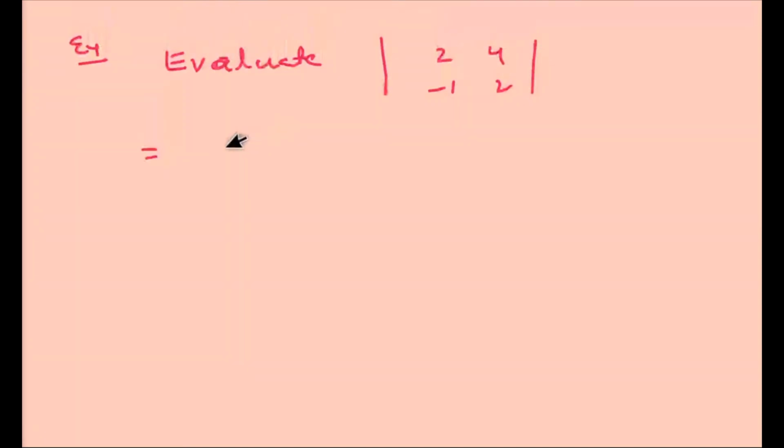So the answer is 2 multiplied by 2 minus 1 multiplied by 4, and using the minus here we can solve: 4 plus, minus into minus is plus, 1 into 4 is 4, that is your answer 8, right?